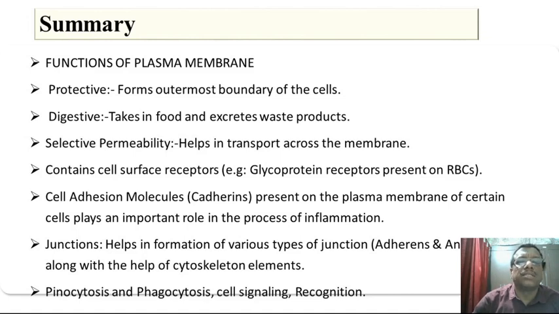It excretes the waste products outside the cell, and it is selectively permeable, helping to transport the molecules across the membrane. The cell also contains receptors, for example glycoprotein receptors present on the RBCs, and cell to cell adhesion. So this plays an important role in the process of inflammation.